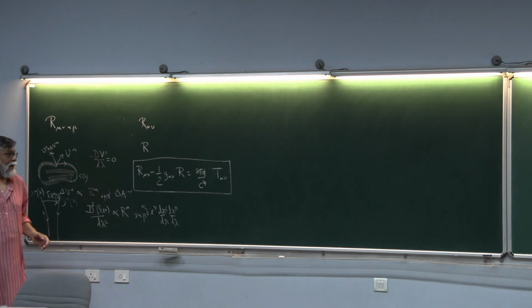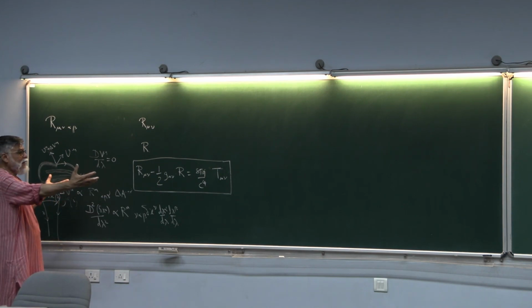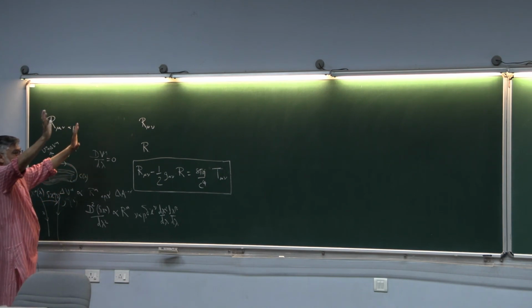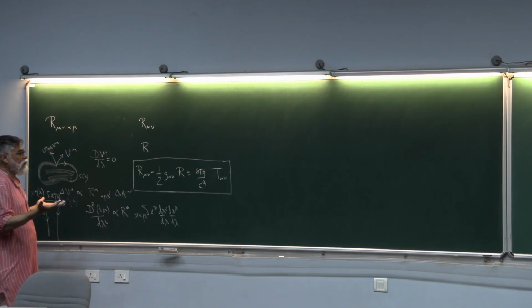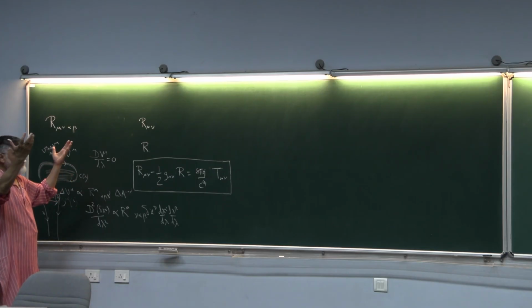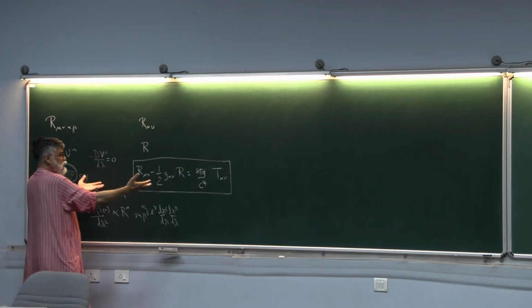Einstein's equation tells you that if you give me the energy and momentum distribution of matter, I will tell you the geometry of the space-time by solving this equation.